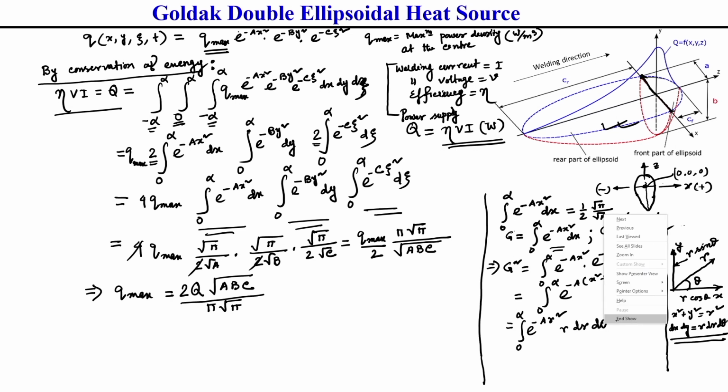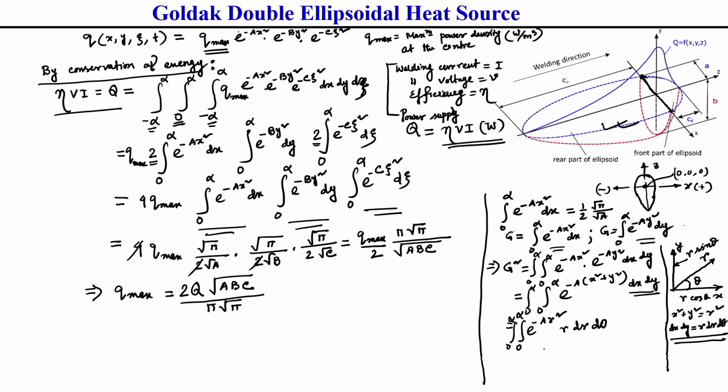I think it is very clear to you how it is coming. Here there will definitely be double integration, 0 to infinity, 0 to infinity, because x and y terms are there.